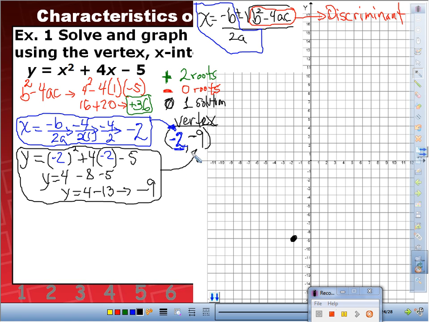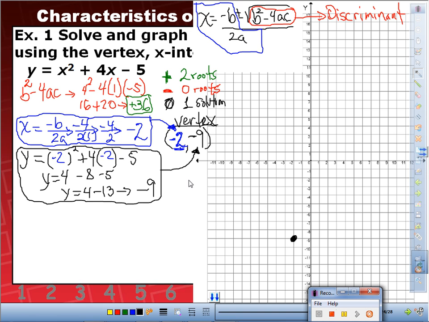And I'm going to point to the negative 9, which is my y value. This is what you need to do to find the y value of the vertex, and this is what you need to find the x value of the vertex. Got it? Okay, copy that.